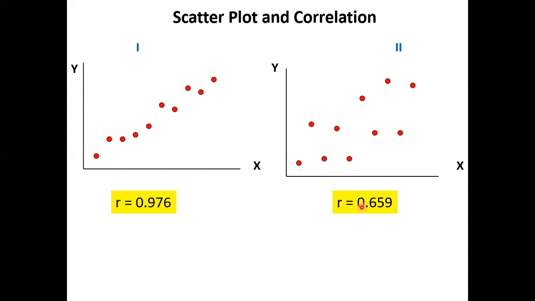This value is 0.659. Both are positive, but this is much stronger than this. When you're comparing two data sets, this determines, because they're comparable, this is much stronger compared to this. So besides looking at the plot, you must also look at these values.